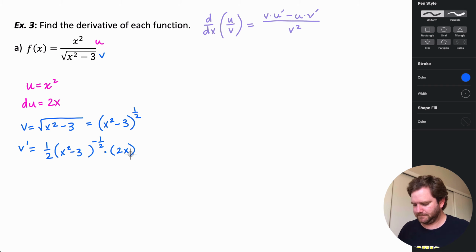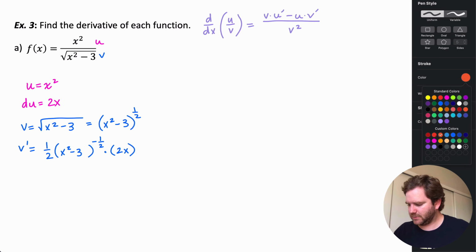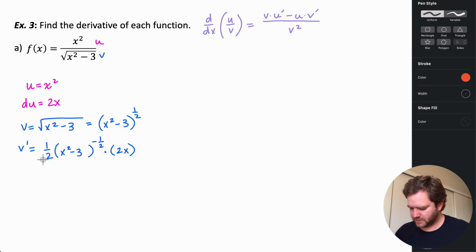Now we can do a little bit of simplifying here. The 2 and 2x are going to cancel. And then we have this negative exponent, which tells me I'm going to get a fraction. So I'm going to have x over x squared minus 3 to the 1/2 power. So this is going to be v prime.